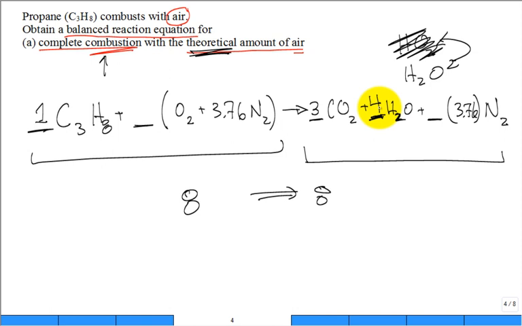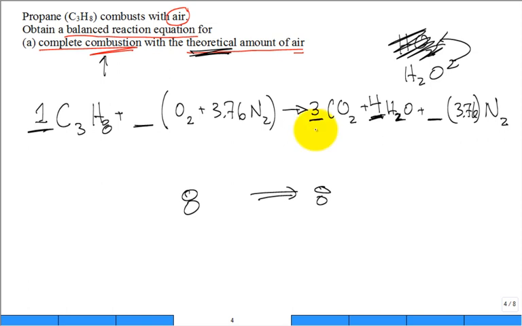Now we do the oxygen. We did the carbon, we did the hydrogen, now do the oxygen. If you do the oxygen, work backwards. Start with everything on the right. How many oxygen do I have on the right? Go slow. This is my warning right here. S-L-O-W. Do the oxygen very slowly.